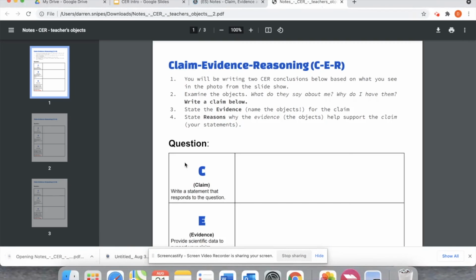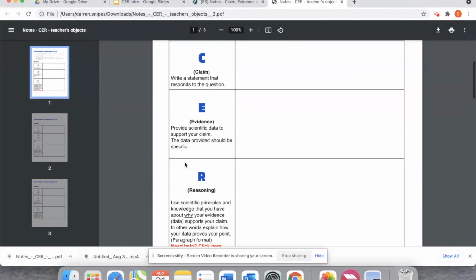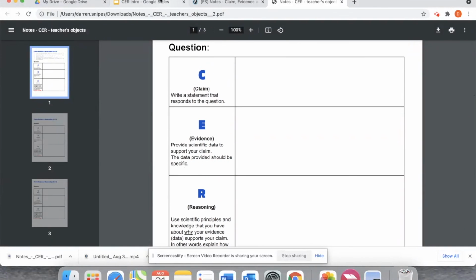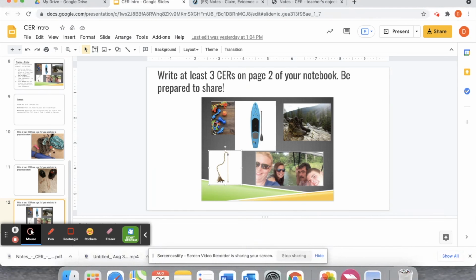And you're going to see a CER form that looks like this, where you'll make a claim based on what you see in these photos. And then once you're done, load that into your Notability. And then once you're done with that, we'll have you submit it in an assignment. All right, if you have any questions about that, of course, you can message your teacher through Schoology.